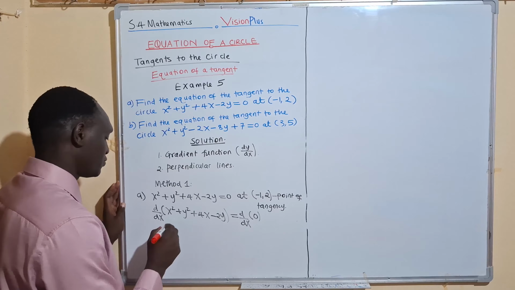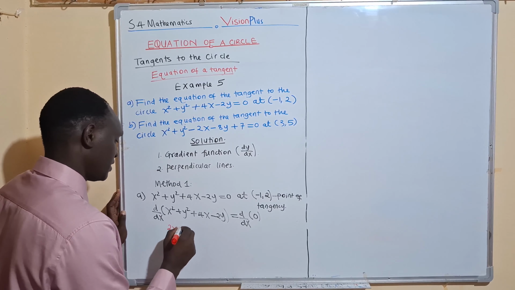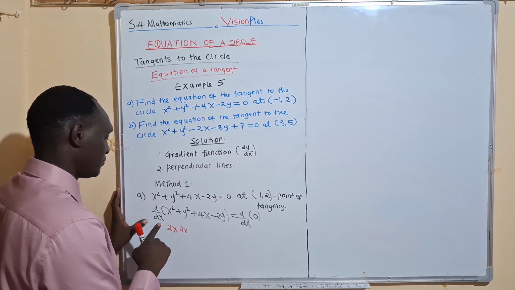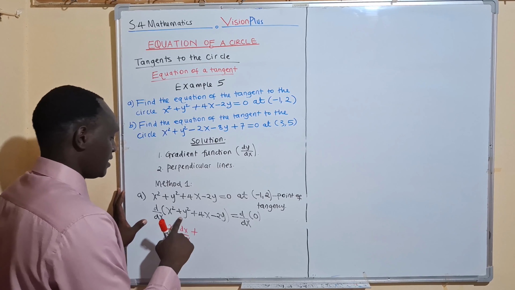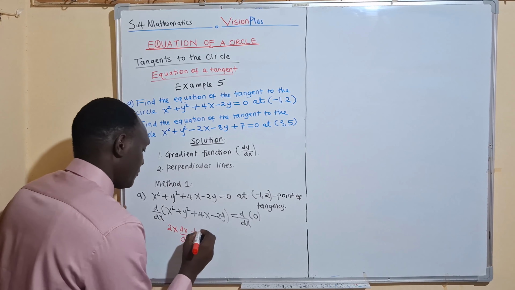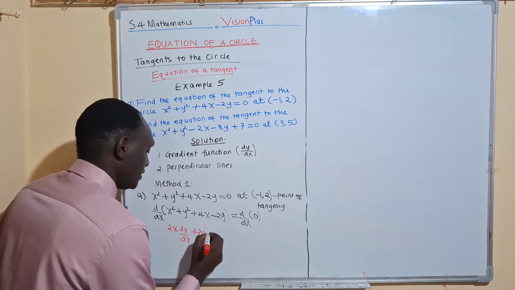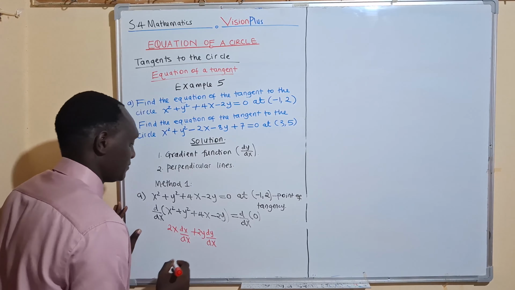We will differentiate x squared, we get 2x, which is a function in x, so we say dx, but we are differentiating with respect to x, dx, plus y squared. If we differentiate y squared, we get 2y. It is a function in y, so dy, but with respect to x, dx.